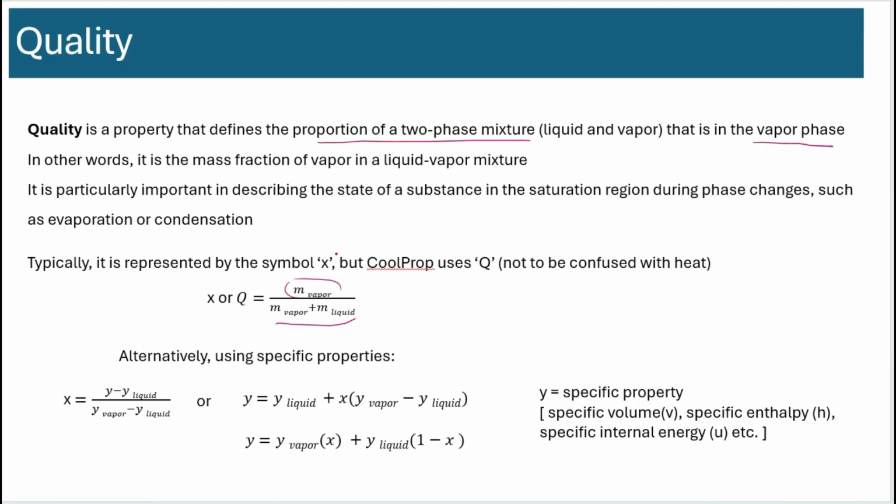Ideally, it is represented by the symbol X, but in CoolProp, as you already know, it's represented by the symbol Q. Don't confuse this with heat. Later on, we will use Q to define heat and energy conservation. But in CoolProp, Q means quality, okay? And it means this.